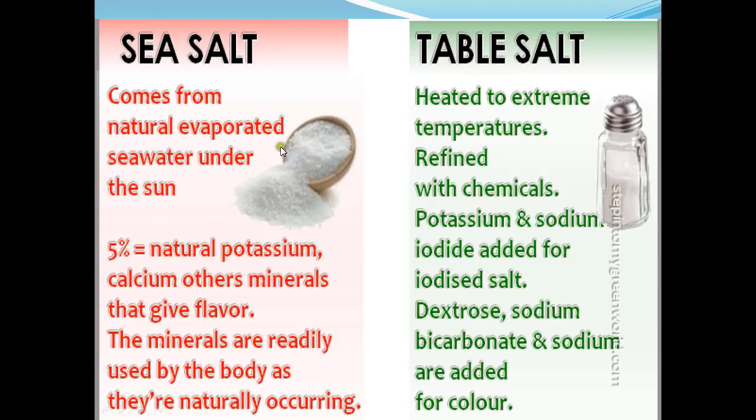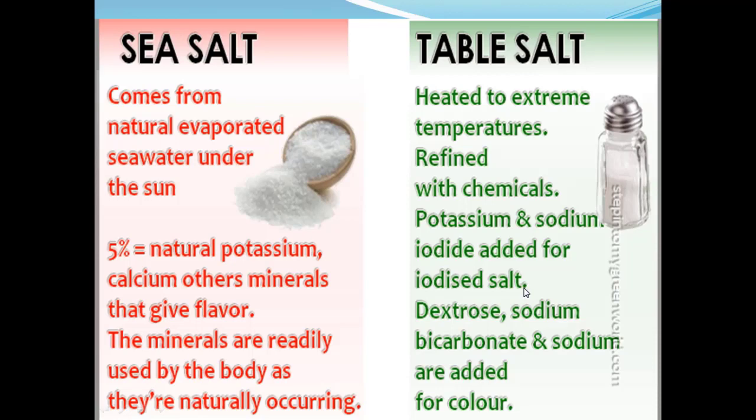So here you can see the sea salt, whereas the table salt, which we are using in our food, is heated to extreme temperatures, refined with chemicals, and potassium and sodium iodide are added for iodized salt.